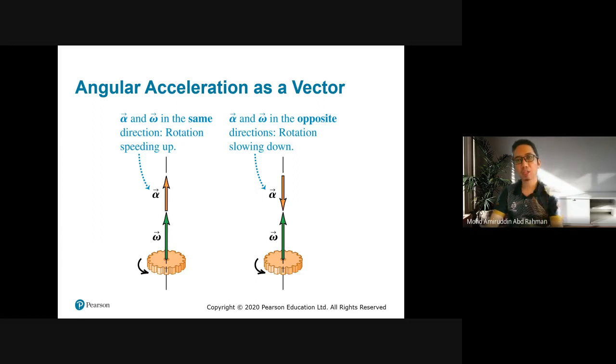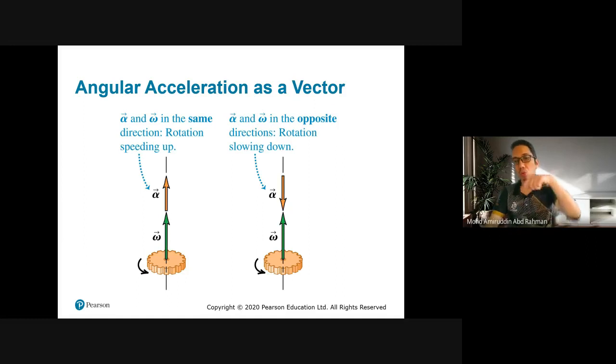It is like velocity and acceleration. For example, when a car is speeding up, the direction of the acceleration will be similar to the direction of the velocity. However, it will be opposite when the rotation is slowing down.